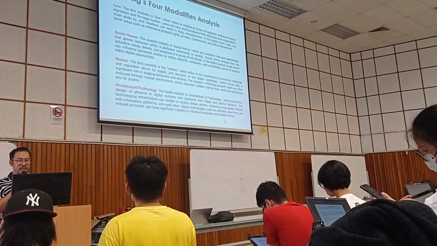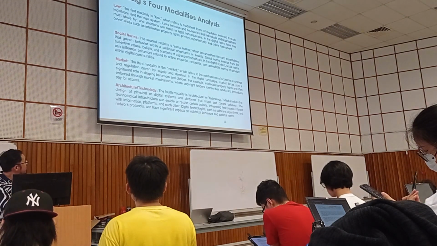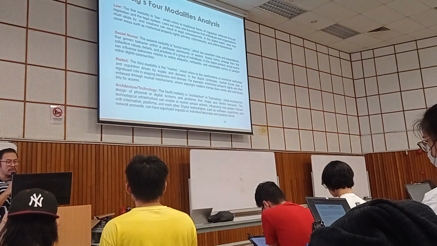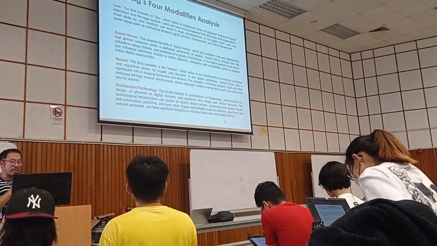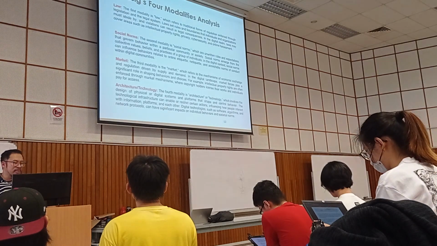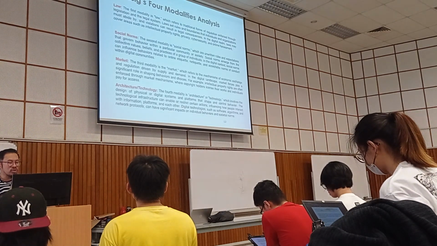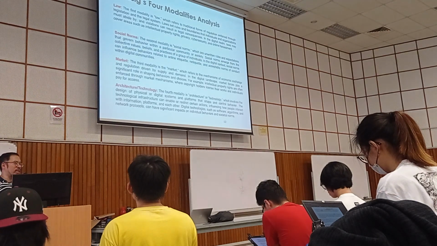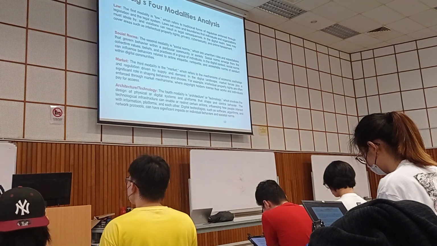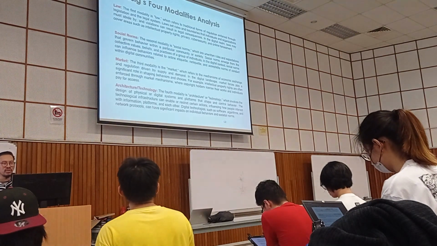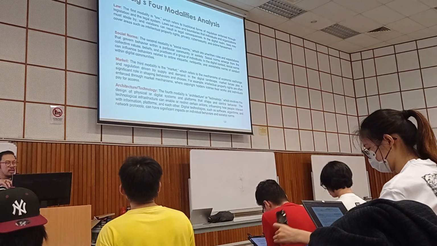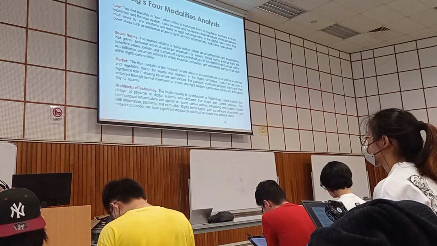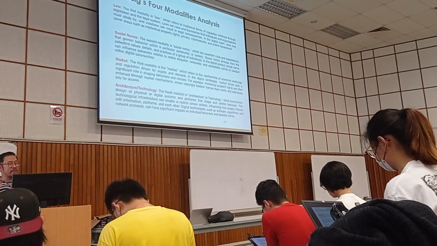Okay, the next one, social norms. The second modality, which are unwritten rules and expectations that govern behavior within a particular community or society. This is something we are used to, what is accepted and what is not accepted, what is good and what is not good, whether from the family point of view, or the community point of view, your neighborhood.